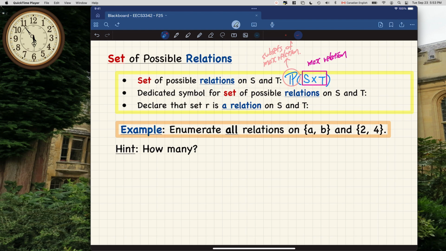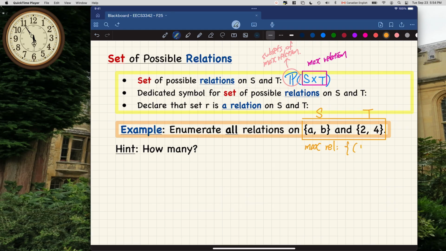Okay? What about we do some example right here. How about we just do this one here? Let's give you some idea quickly. Let's say this is S and this is T. The maximum relation on this one will be basically the cross product, which will be size 4. Agree?